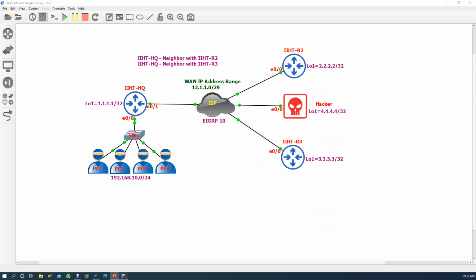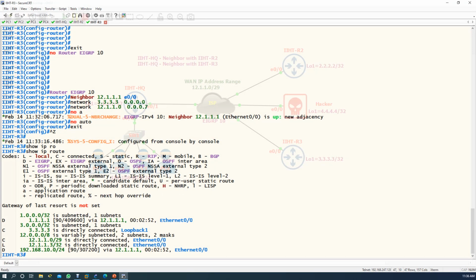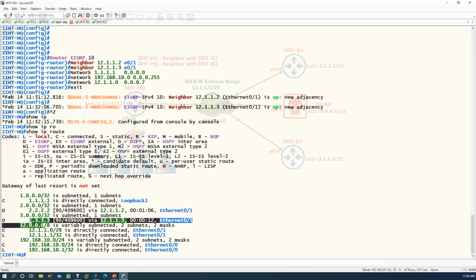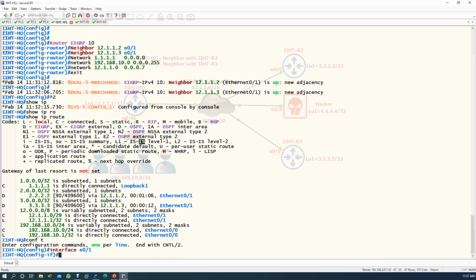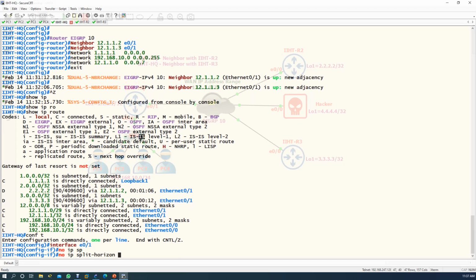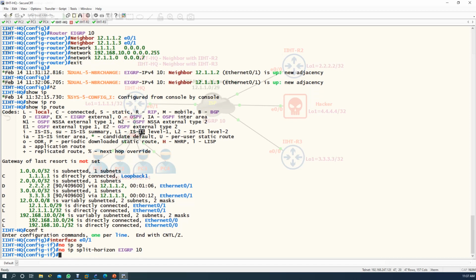So what you have to configure here: come on the headquarter router, conf t, interface. Which interface is creating the problem? Interface E0/1, no ip split-horizon eigrp 10, exit.